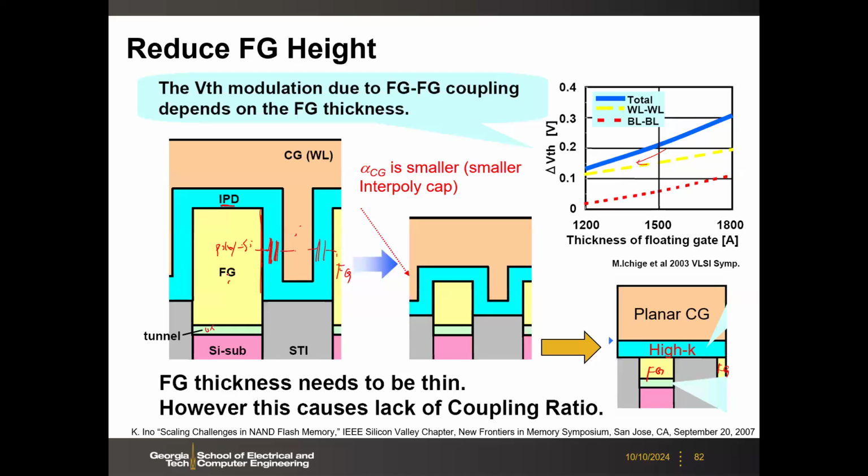So if this coupling ratio becomes smaller, then you may need to apply 30 volts to get the same voltage drop on the floating gate. Because fundamentally, the floating gate potential controls the underlying channel current, right? So there's a trade-off like this.